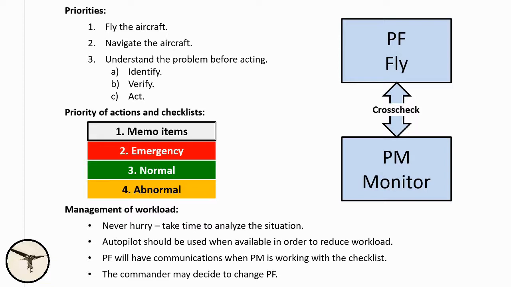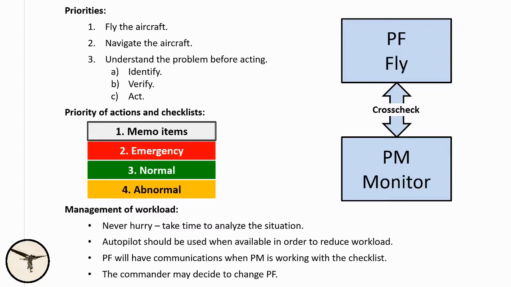The SOP is very important when it comes to abnormal and emergency procedures, because it tells us exactly what to do to solve the problem in a safe way. The first priority is always to fly and navigate the aircraft. Then we have to identify the problem, if it's a system failure or whatever it is.